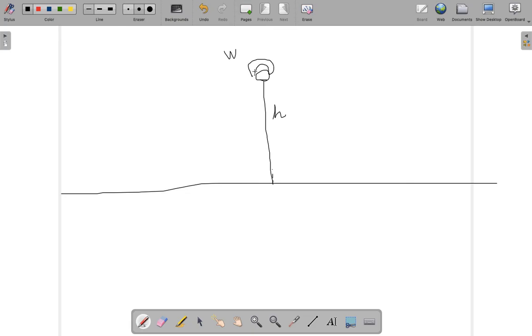So let's say that's someone holding it with a very weird looking hand. We have a weight that's constantly acting downwards and a height. Now if a person lets go of it and this ball falls all the way down the height h, the work done due to gravity will be the weight times the height, or mgh.